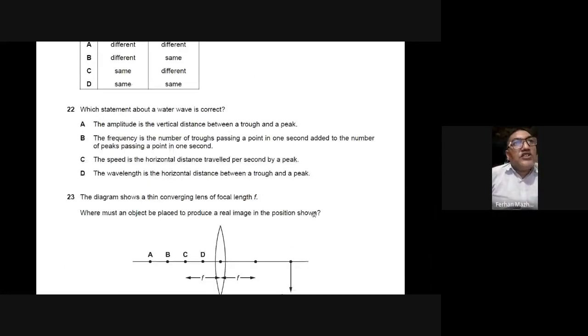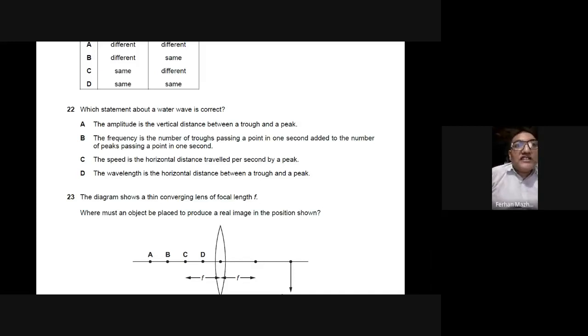Question number 22 is on the screen: which statement about a water wave is correct? A says the amplitude is the vertical distance between a trough and a peak. That's wrong. The amplitude is half the vertical distance between the trough and the peak. B says the frequency is the number of troughs passing a point in 1 second added to the number of peaks passing a point in 1 second.